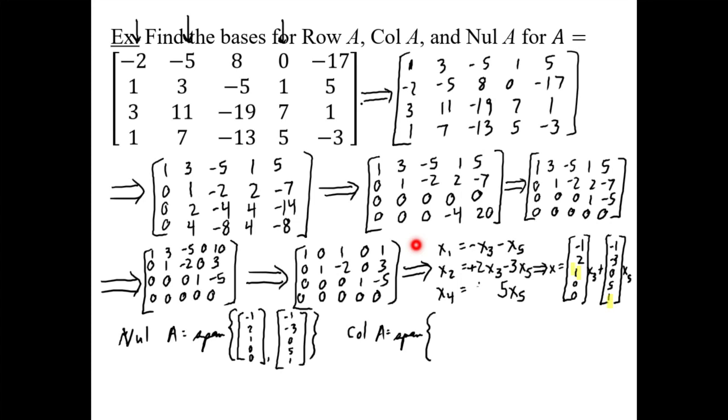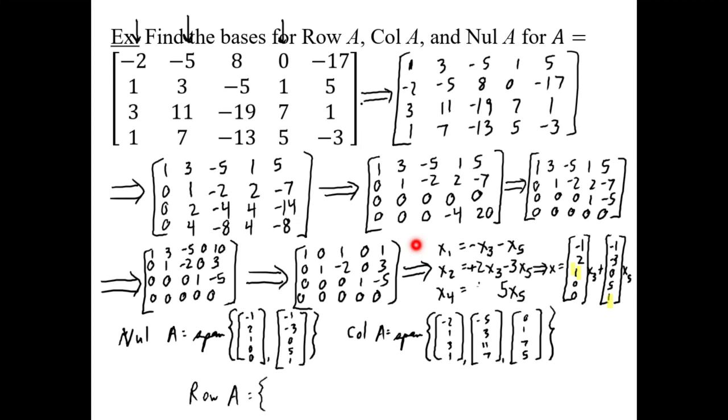So it's going to be the span of those three vectors: -2, 1, 3, 1, -5, 3, 11, 7, and 0, 1, 7, 5. Please remember that the pivot columns tell me which columns to choose, but I need to go back to the original columns.